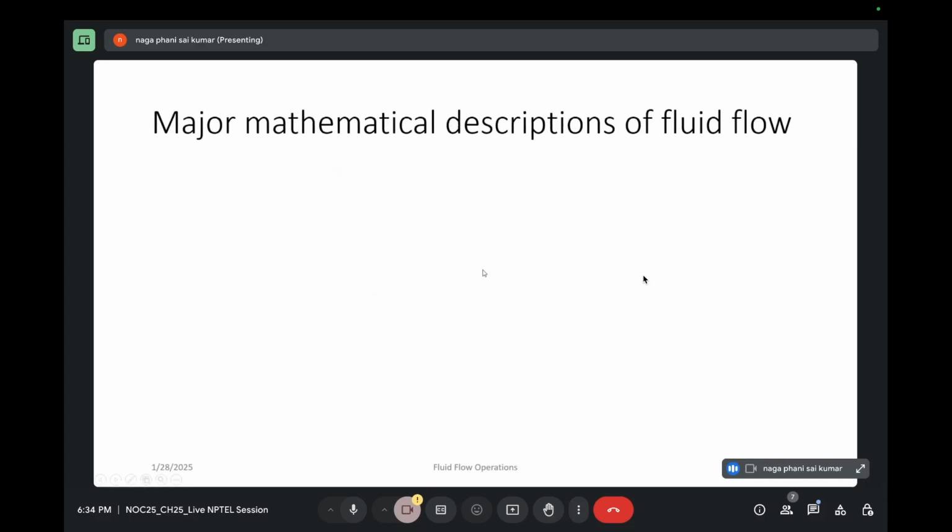And coming to major mathematical descriptions, so we have a few equations in fluid flow. So you need to understand those as well. The first one is the continuity equation. We'll be deriving all these equations. Don't worry. Continuity equation. And as I've told you, there is one famous law.